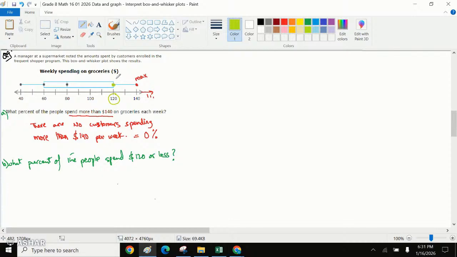This had a marking. This already was the upper quartile. And we know that the upper quartile is 75%, right? That means this value was the number of people who were spending 120 or less. What percent of people? 75% of the people were spending $120 or less, right?